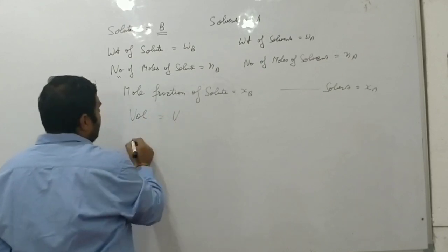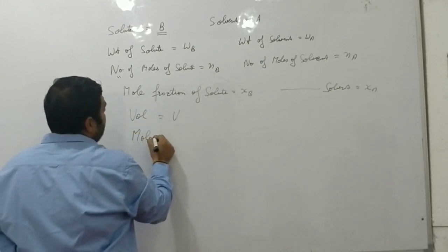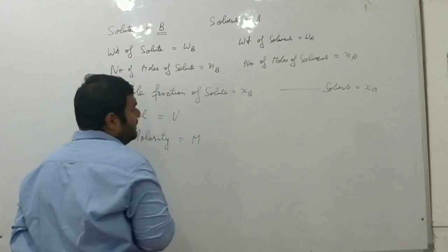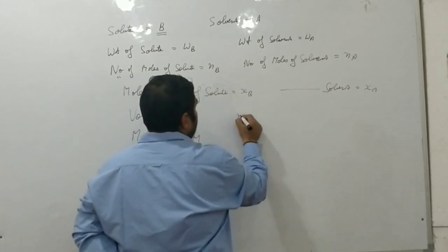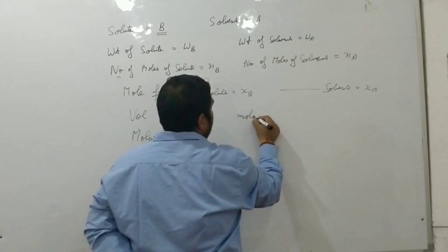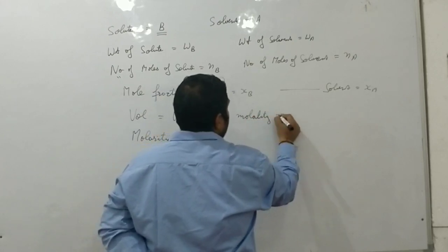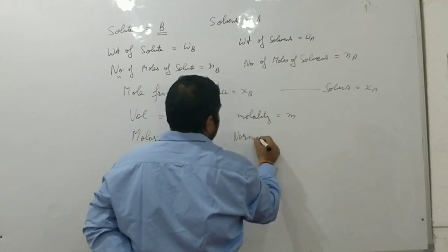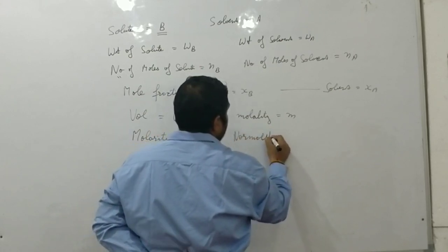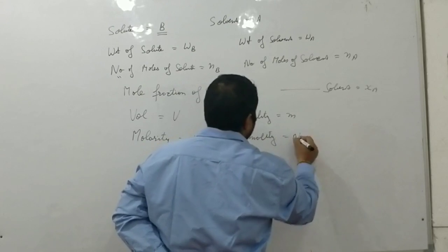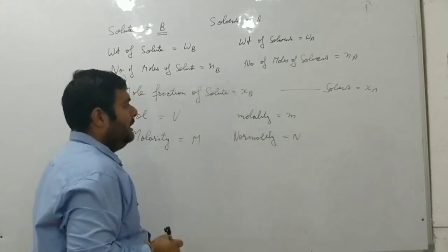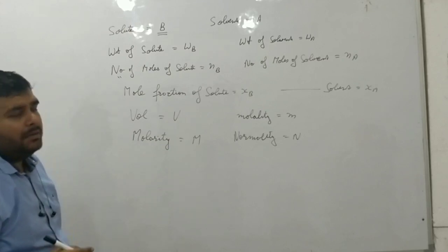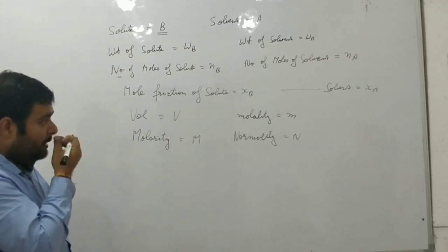Volume we are taking with a capital V. Molarity, it is taken with a small m. And normality is taken with capital N. So these are the terms which we are using in these concentration formulas.